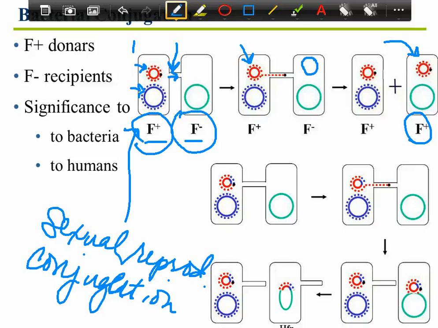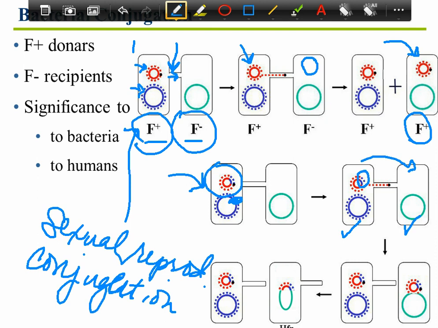Now, there are other variations on a theme here. You can have, down here in the second scenario, this plasmid has a piece of gene from the host cell chromosome, and when it ends up over here in this recipient cell, there has been a transfer of this gene right here that came from this cell over to that cell.